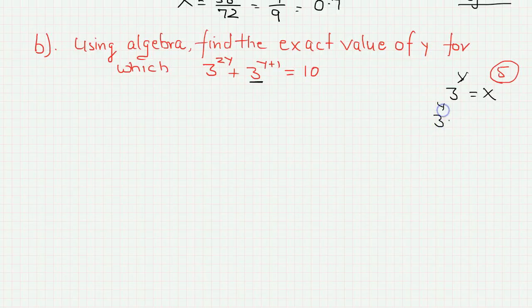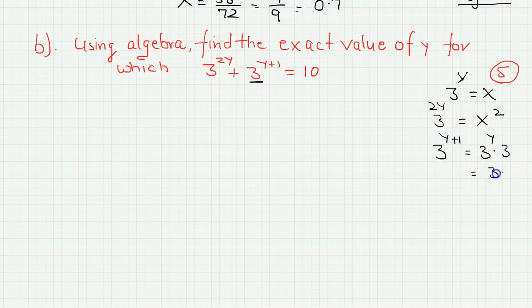3 raised to the power 2y will be x square, and 3 raised to the power y plus 1 will be 3 raised to the power y multiplied by 3.